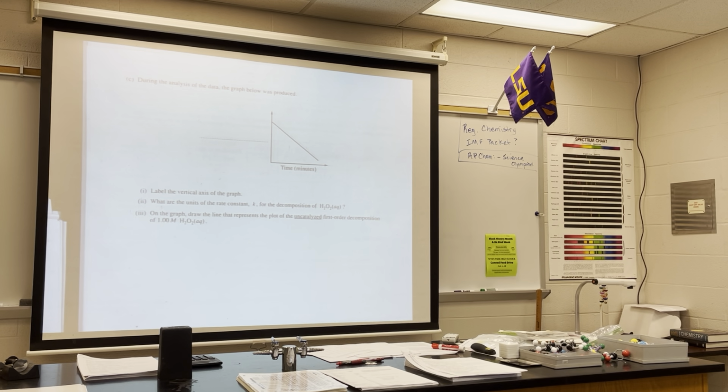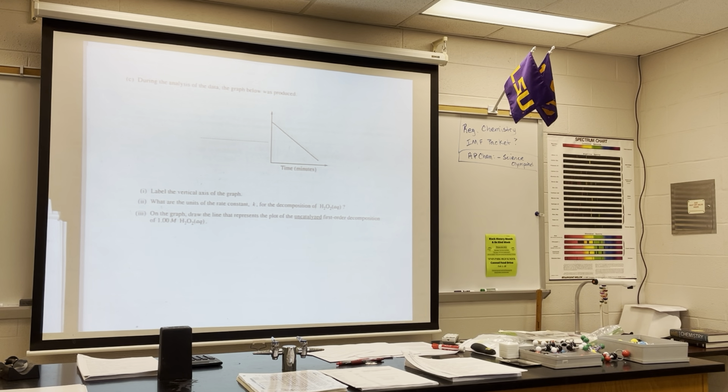What goes on the y-axis when it's a straight line on a first order? Not ln of x, ln of what's the reactant? Hydrogen peroxide. So it's the ln of the concentration of your hydrogen peroxide, because y equals mx plus b.